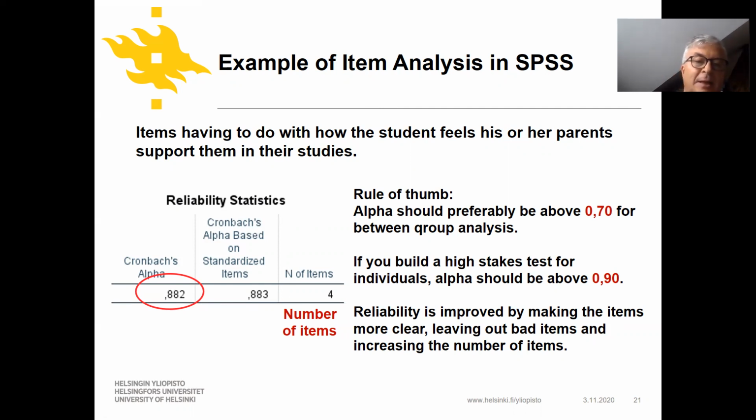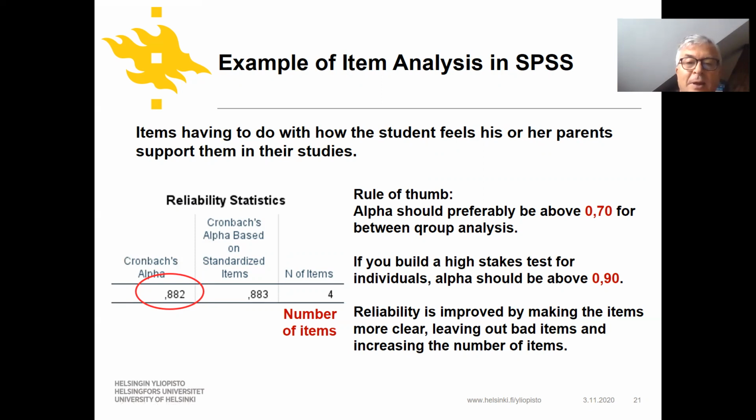Well, we could say that the Cronbach's alpha is quite high, and so these items about how the student feels about their parent support for their studies are internally consistent. We can even say that they are highly internally consistent. They have a high reliability.